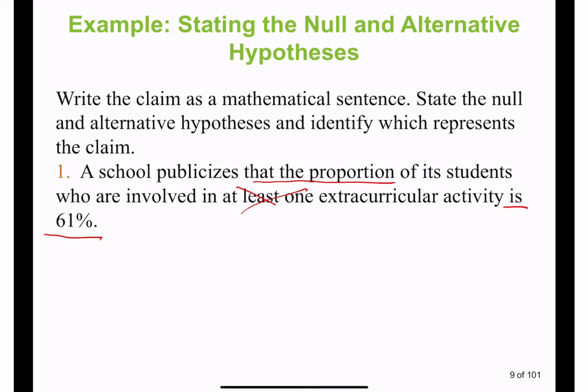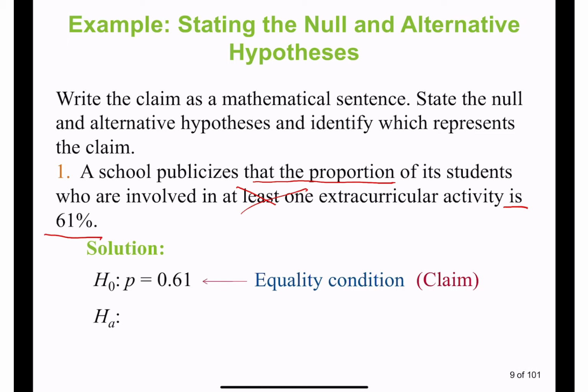It's about proportion. Therefore it is. When we have "is," mathematically it is represented as an equal sign, correct? So if it's equal sign, then the claim that is given in the word problem, it's going to be what? Of course, null hypothesis, because equal sign is present, 0.61.